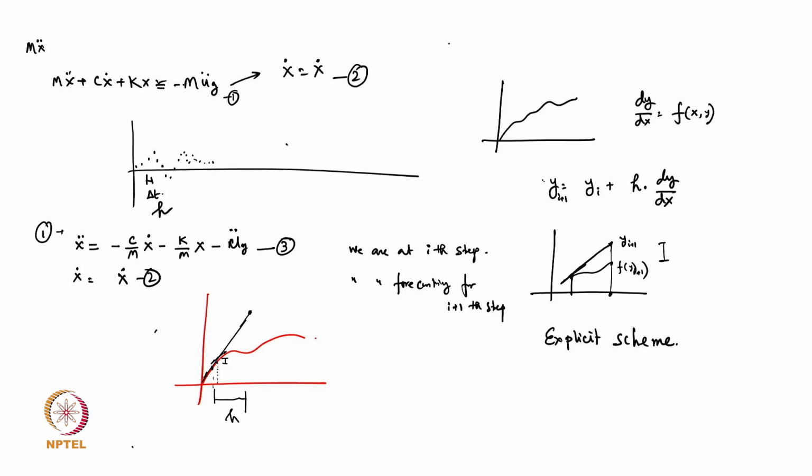So can I write x double dot and x dot in matrix form? This one will be x dot and x, plus some force. So here, what should I put?